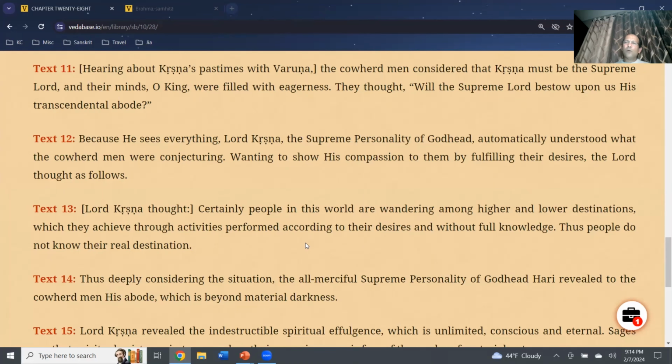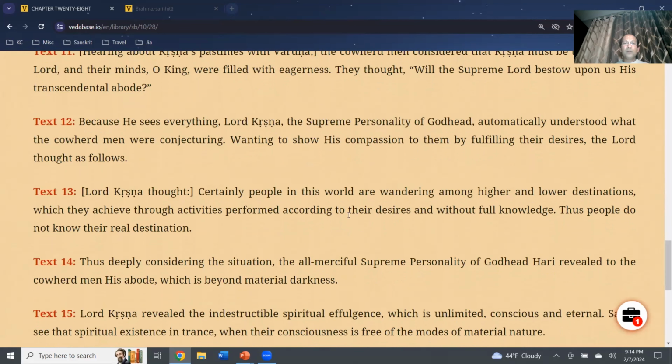Even if they follow the Vedic literature and all the rules and regulations, just following their karma and because of their desires, they are just transmigrating from one body to another and going to the upper and lower planetary systems.